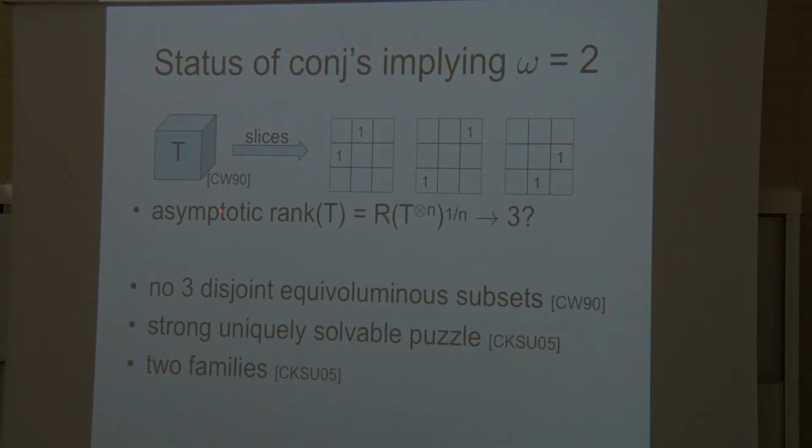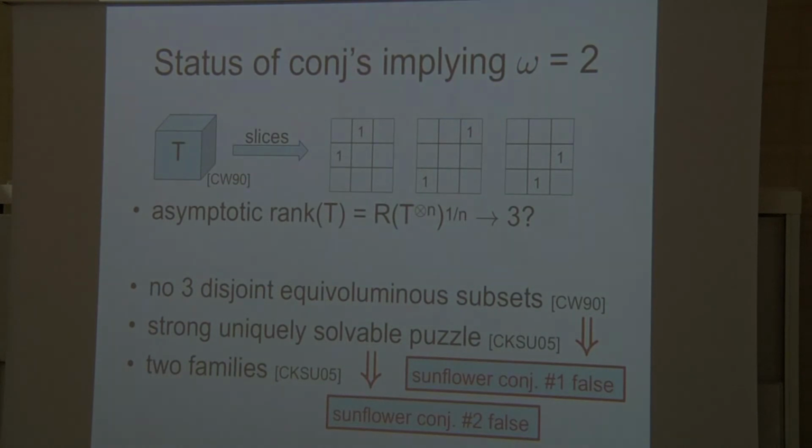Okay, so these 4 conjectures: the asymptotic rank conjecture, the no 3 equivalent subsets conjecture of Coppersmith-Winograd, and then 2 conjectures, strongly uniquely solvable puzzles in 2 families we just talked about. With work a couple years ago with Noga Alon and Amir Shpilka, we found some connections between 2 of these and sunflower conjectures that suggest perhaps they're false, but I want to describe what those connections are so that you have a clear sense of how everything fits together. So there's 2 sunflower conjectures that are false if these 2 conjectures are true.